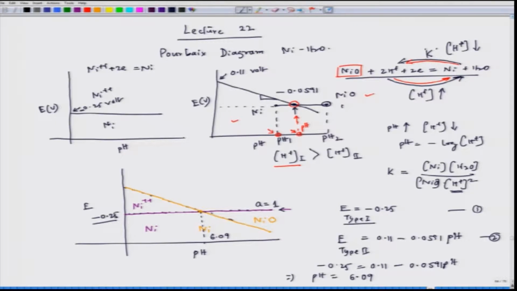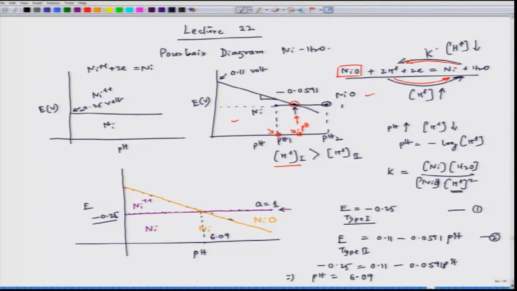Now, we have to decide whether some parts of these two lines can be possible on the stability region of the 3 species. Here we have stability of Ni plus plus as well as Ni and NiO.